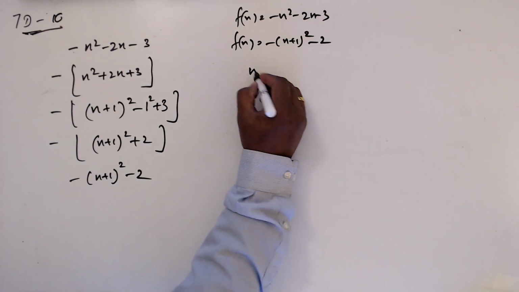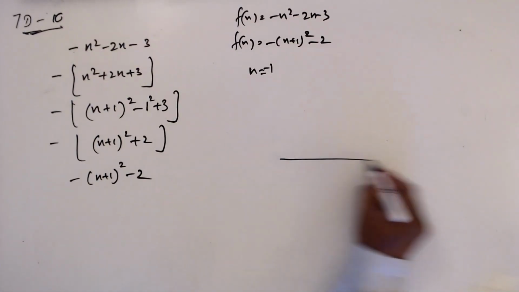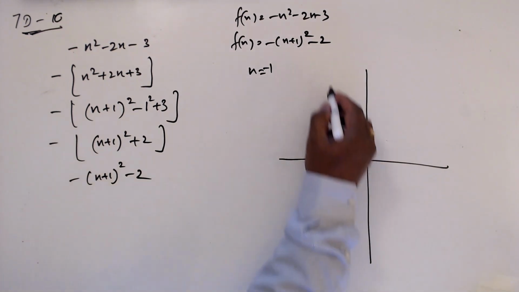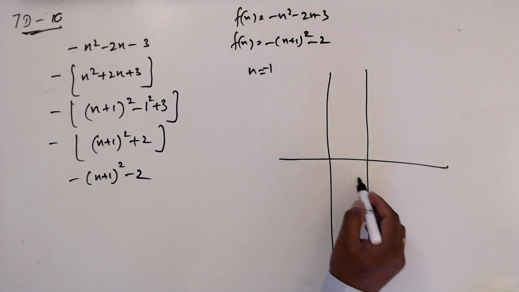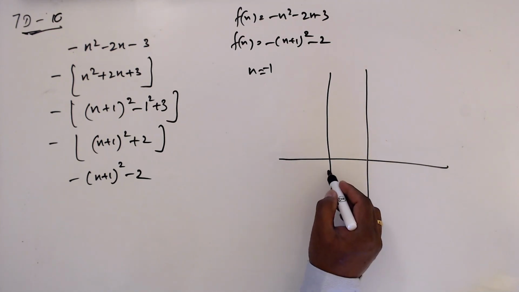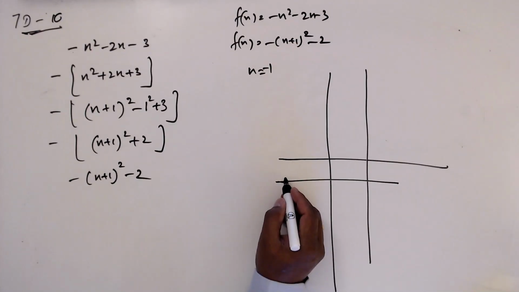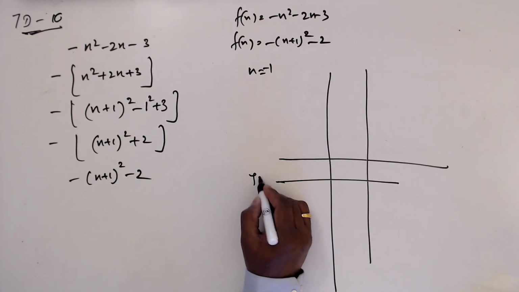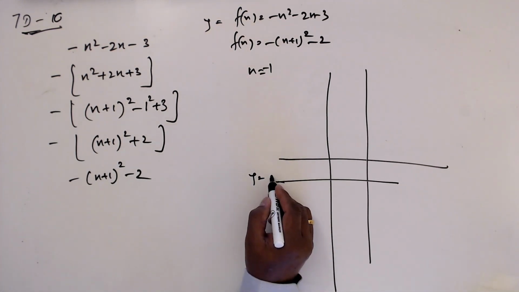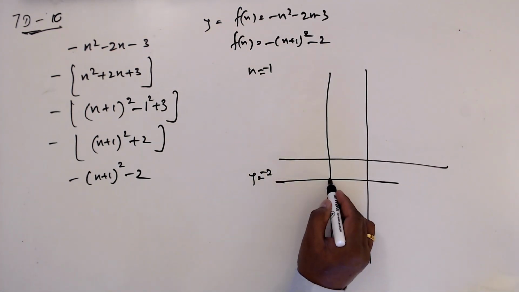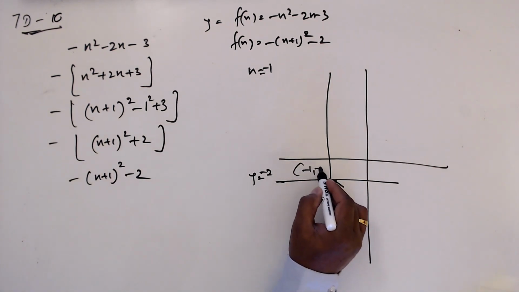So n equal to minus 1 is the symmetry line, and y equal, let's say, y equal to minus 2. So this point is (minus 1, minus 2).